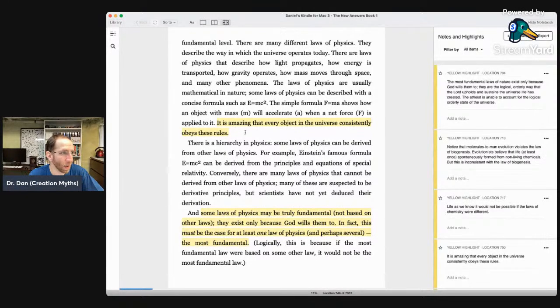And that's the idea. He says some laws of physics may be truly fundamental, not based on other laws. They exist only because God wills them to. In fact, this must be the case for at least one law of physics and perhaps several, the most fundamental. There's no argument. Do we see a theme here? We're asserting, right?